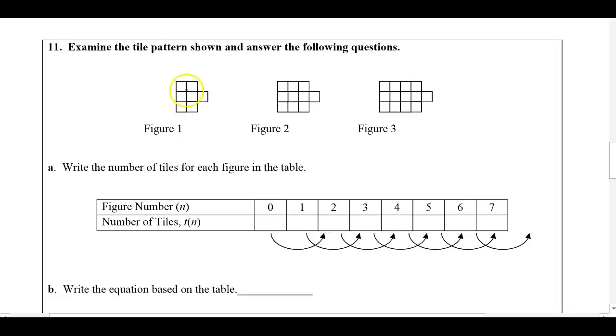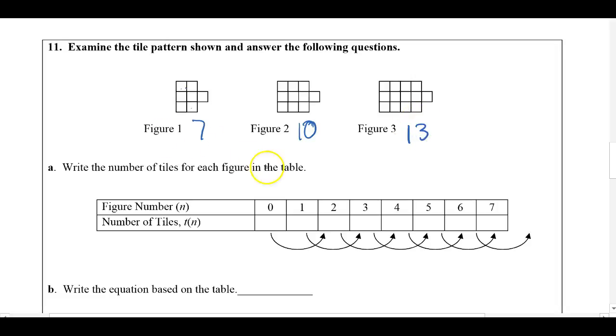Okay, so figure 1, if I count them out, 1, 2, 3, 4, 5, 6, 7. Then the next figure has 1, 2, 3, 4, 5, 6, 7, 8, 9, 10. And then the next one has 1, 2, 3, 4, 5, 6, 7, 8, 9, plus the 4 gives us 13.